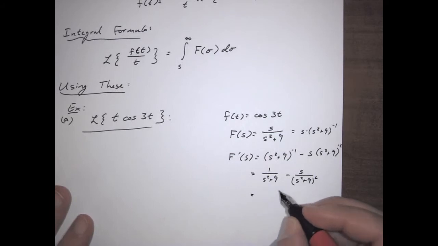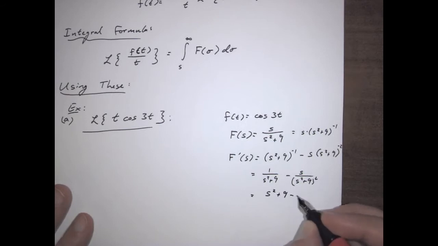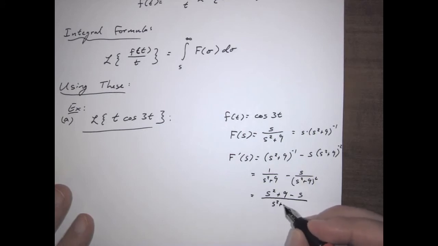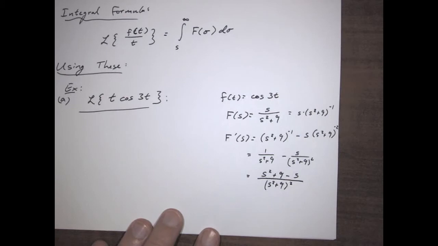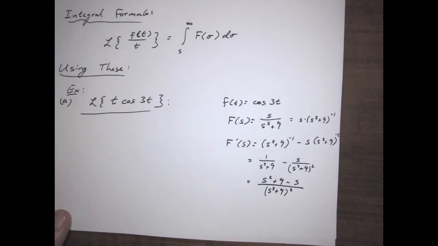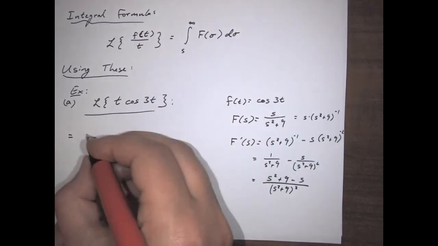which is then just going to equal, if we find a common denominator, we'll multiply the top and bottom of this by s squared plus 9, and that's going to be s squared plus 9 minus s divided by (s squared plus 9) squared. So there's that. But then what that means is this is going to equal the opposite of that.